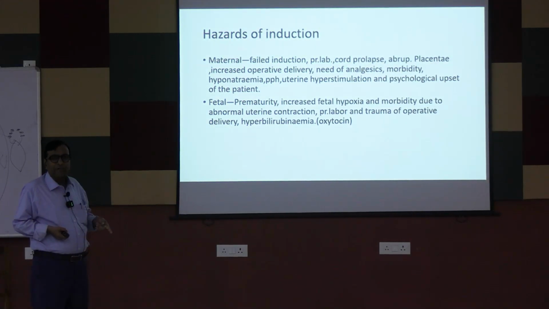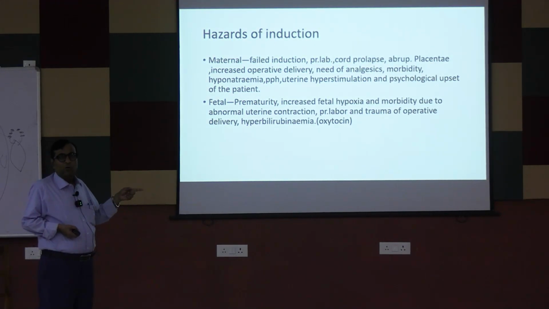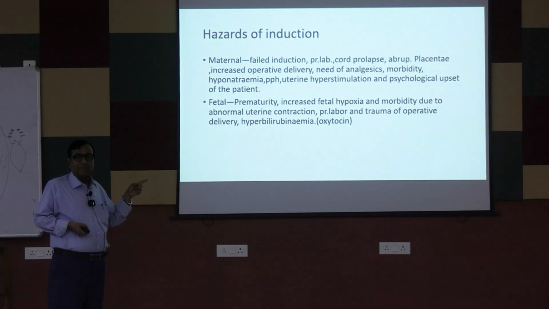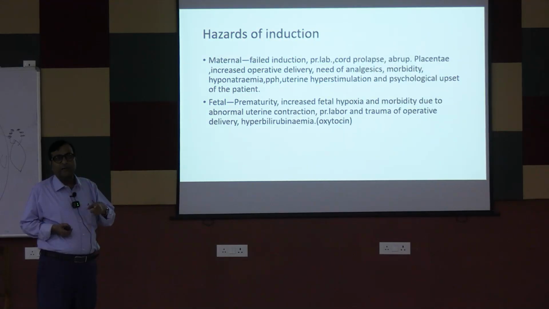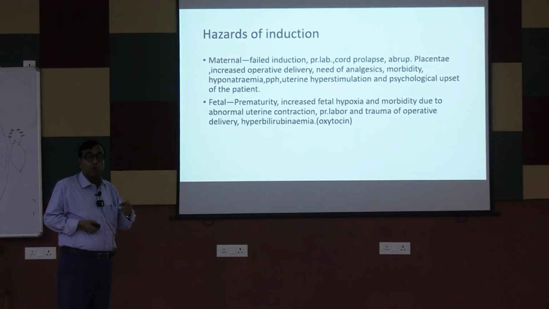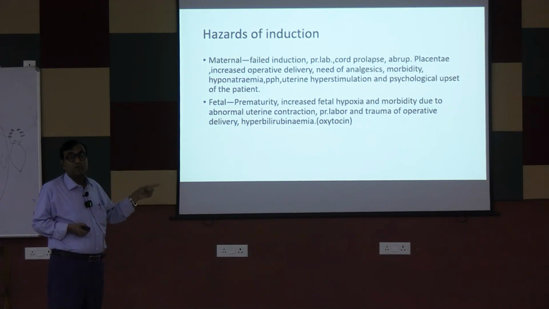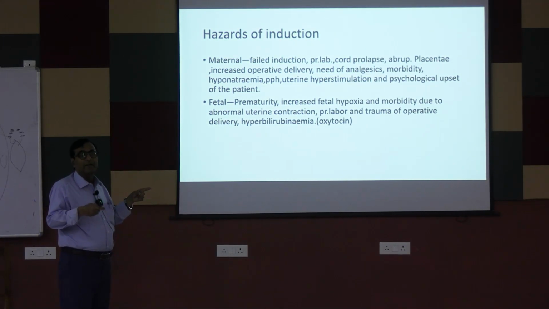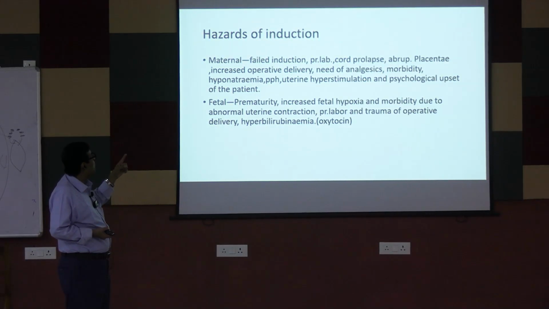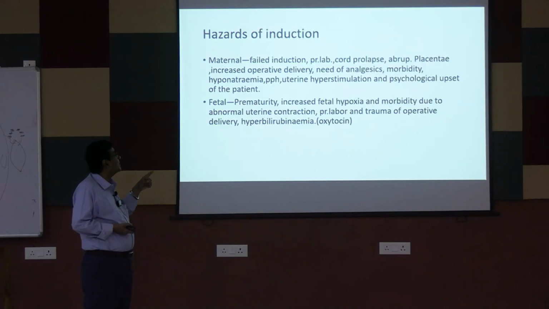What are the fetal hazards? Prematurity. That's why I was saying that when you are inducing, you have to be sure that the fetus is mature, because this is an iatrogenic complication. If you cannot diagnose prematurity and induce, ultimately you will bring out a premature child. So prematurity is the most important complication.